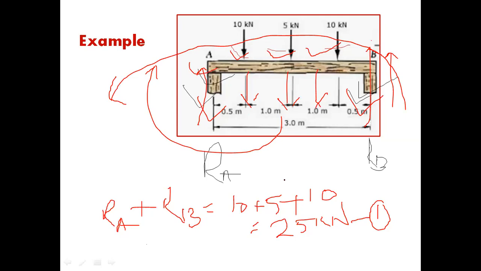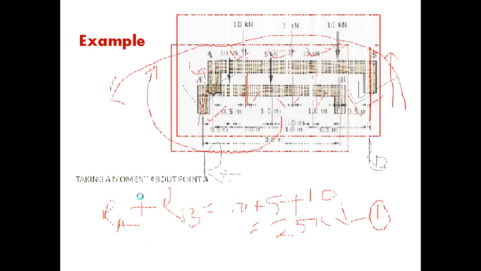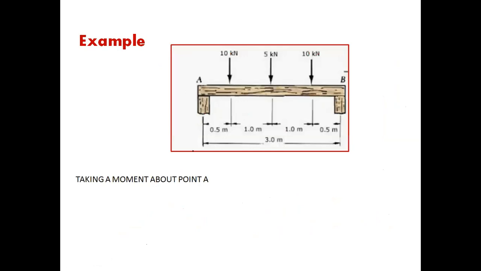How can I take a moment? So let's see. Taking moments about point A, we take a moment about this point. How can I write this moment? RB is in the upward direction, and RA is also in the upward direction.